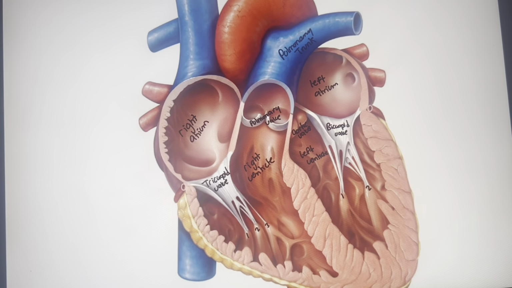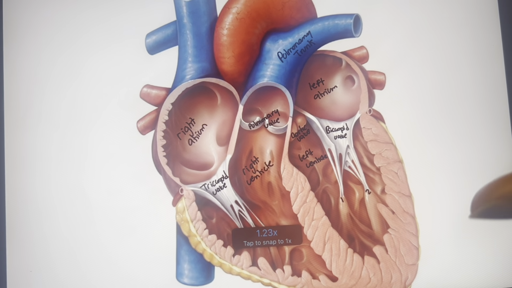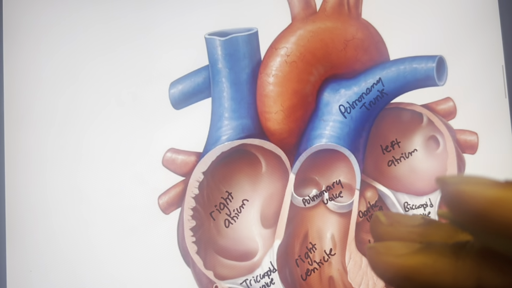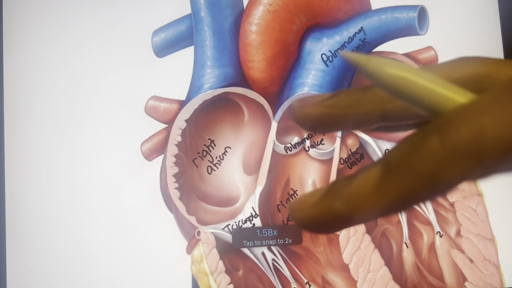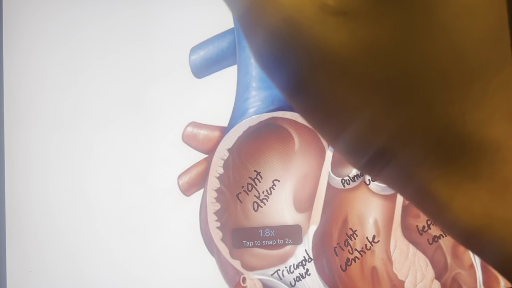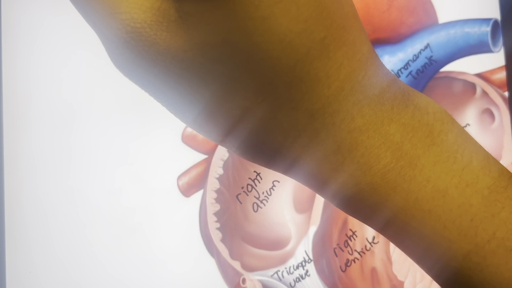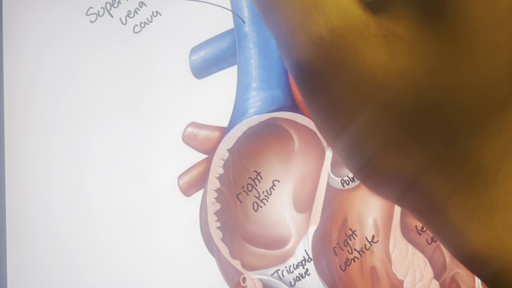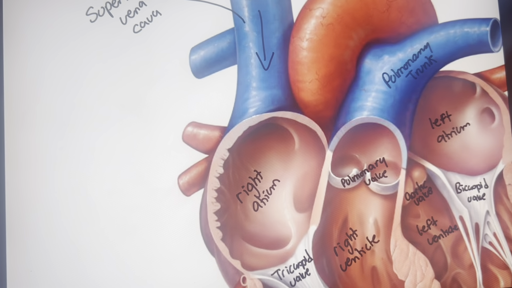Okay. It is very important for us to know what the veins and the arteries do. Veins carry blood towards the heart and arteries carry blood away. So this is the superior vena cava. This is a vein because it's carrying blood towards the heart.